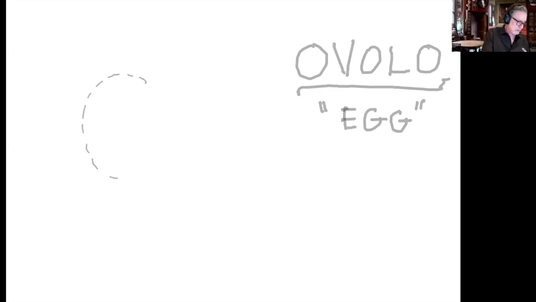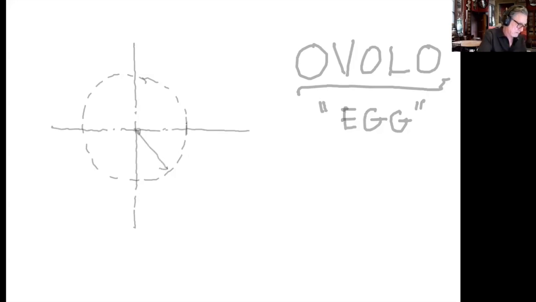You can do this in a light pencil, for example. I'm going to use a dashed line here. We can draw a guide circle, and we can even draw some axes, a vertical and horizontal axis of the guide circle. So the ovolo is a quarter of a circle in section.